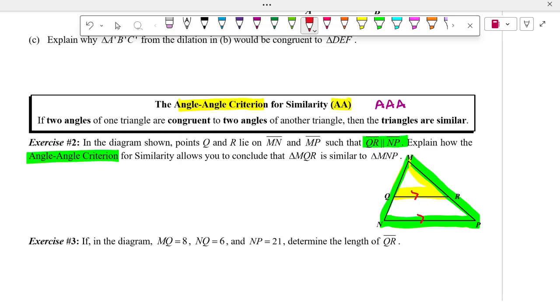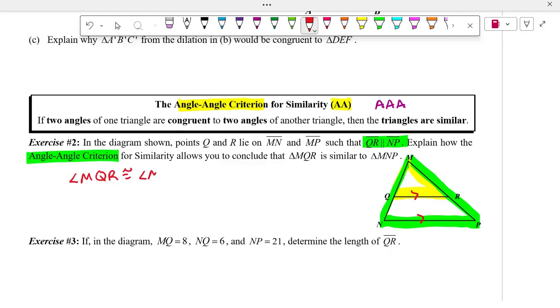Can someone give me one set of congruent angles? Abe. So angle MQR. What was the other one? I wouldn't say Q and P. I would say M and P, just because it's for the whole triangle.